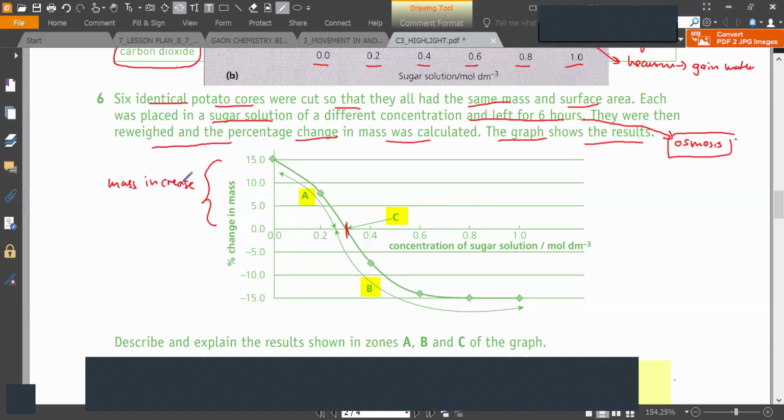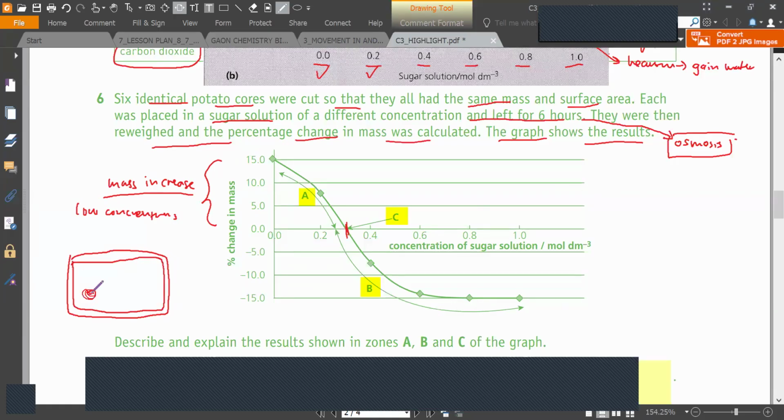What's happening here? This happened when we put in a low concentration of solution, like here, 0.0 and 0.2. What is happening inside the cell?